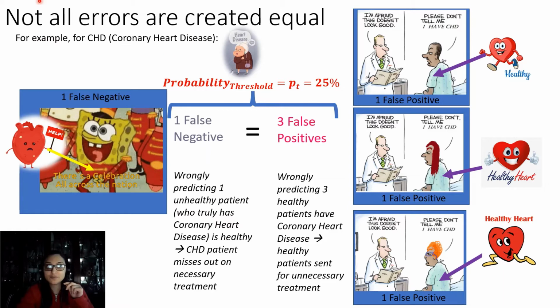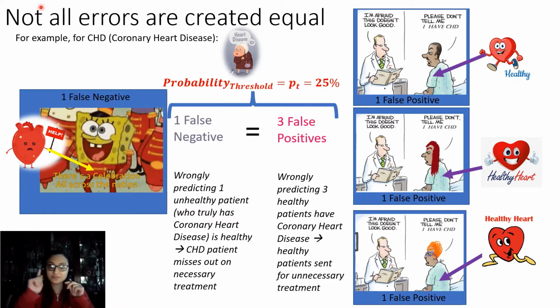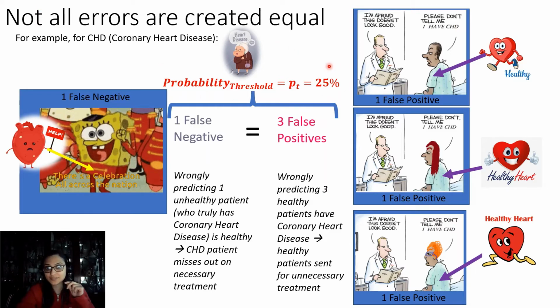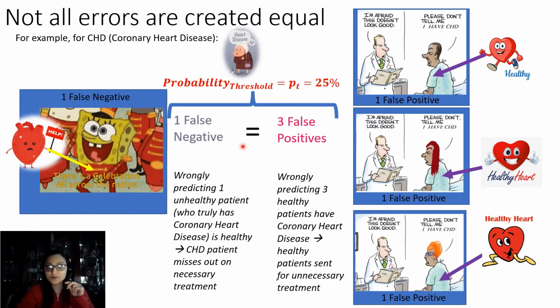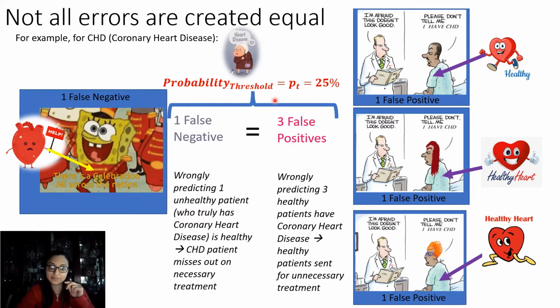When the threshold probability is 50%, one false negative equals one false positive. But here at the probability threshold of 25%, one false negative in the mind of the clinician is equal to three false positives. That is the utility to the clinician.